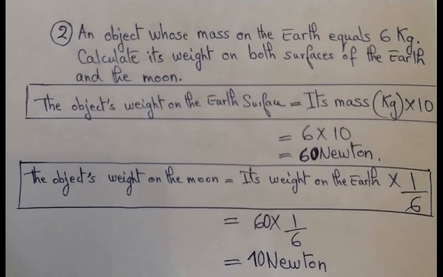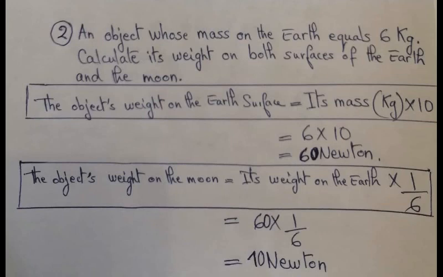The object's weight on the earth's surface equal القانون بيقول إيه؟ its mass by kilogram times 10. الماس بتاعه كام؟ 6 equal 6 times 10 equal 60 نيوتن. ده عبارة عن وزنه على سطح الأرض.